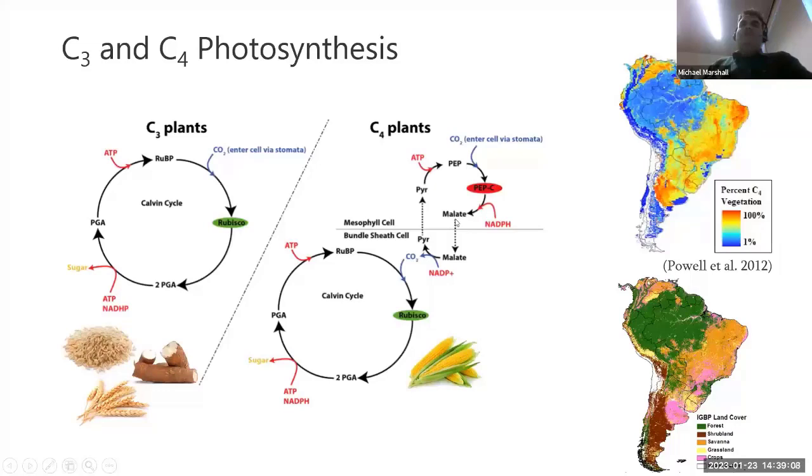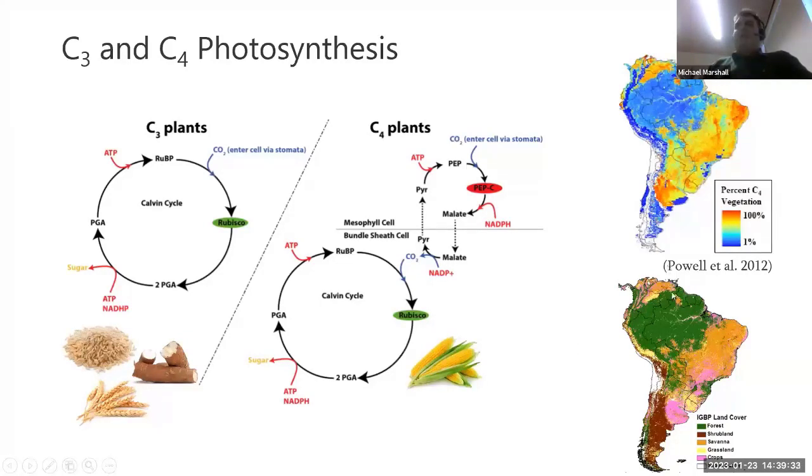And because it concentrates the CO2, that means more CO2 is available for the Calvin cycle. So C4 plants are more efficient at using carbon. And you can imagine these plants do particularly well in dry climates where they can't lose a lot of moisture through their stomata via the process of evapotranspiration.